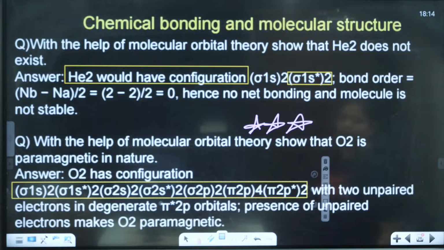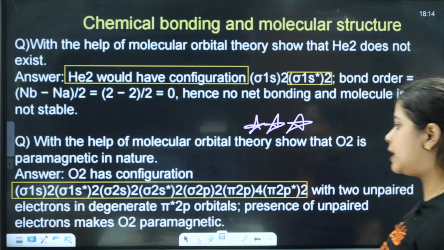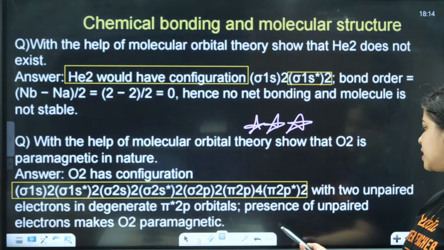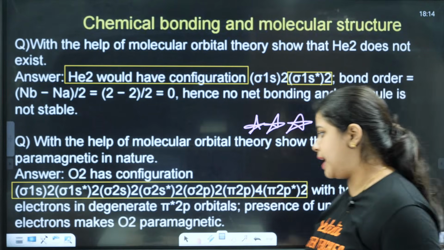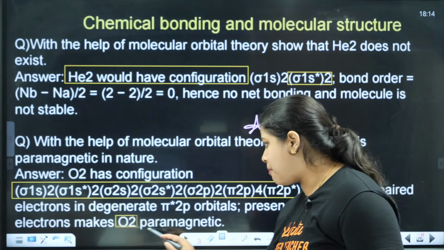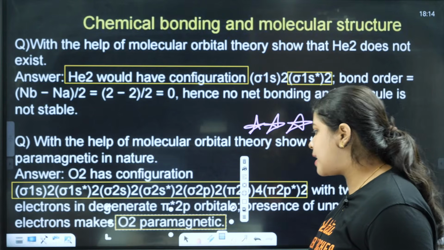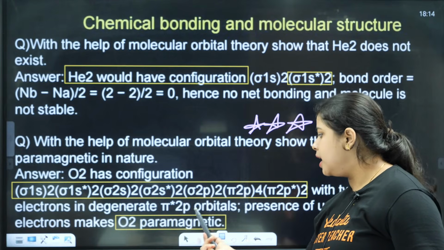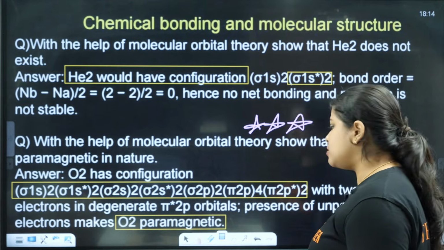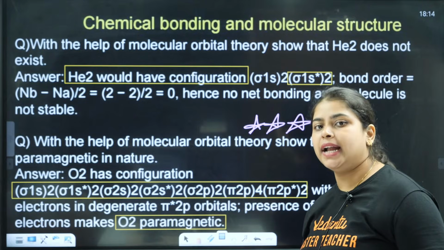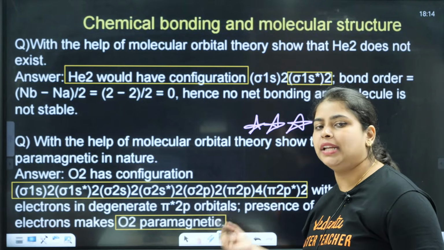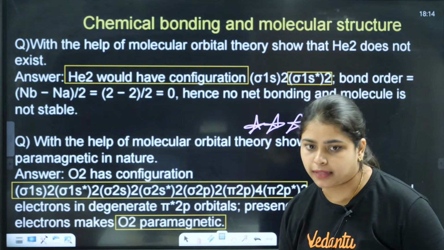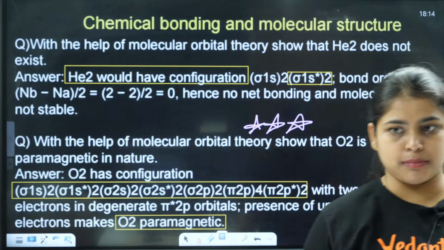There are two unpaired electrons in the degenerate pi star 2p orbitals, and the presence of unpaired electrons makes O2 paramagnetic. Clear?